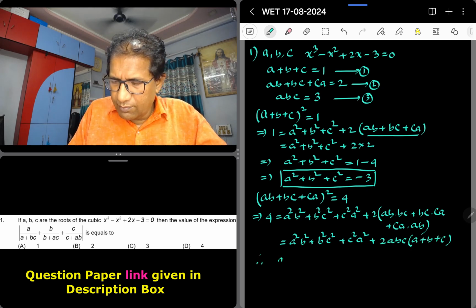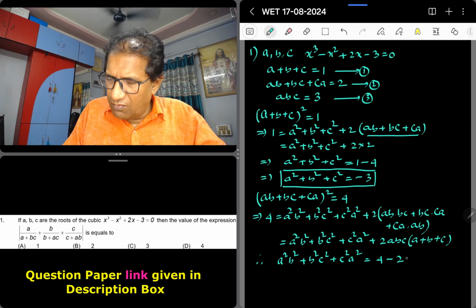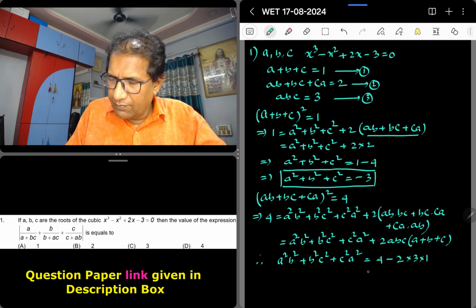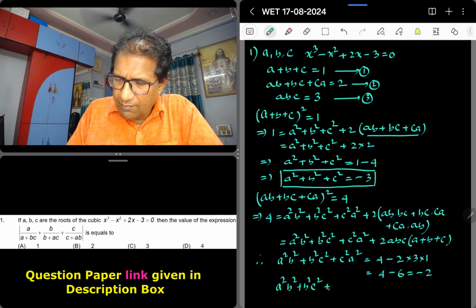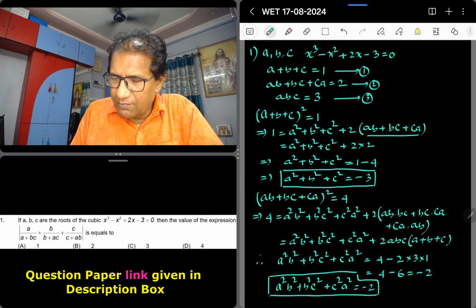Therefore, this value will become 4 minus 2 times ABC. The value of ABC is 3 and A plus B plus C is 1. Therefore, we are getting, so we got. These two values will be needed. That is why I have calculated it beforehand.